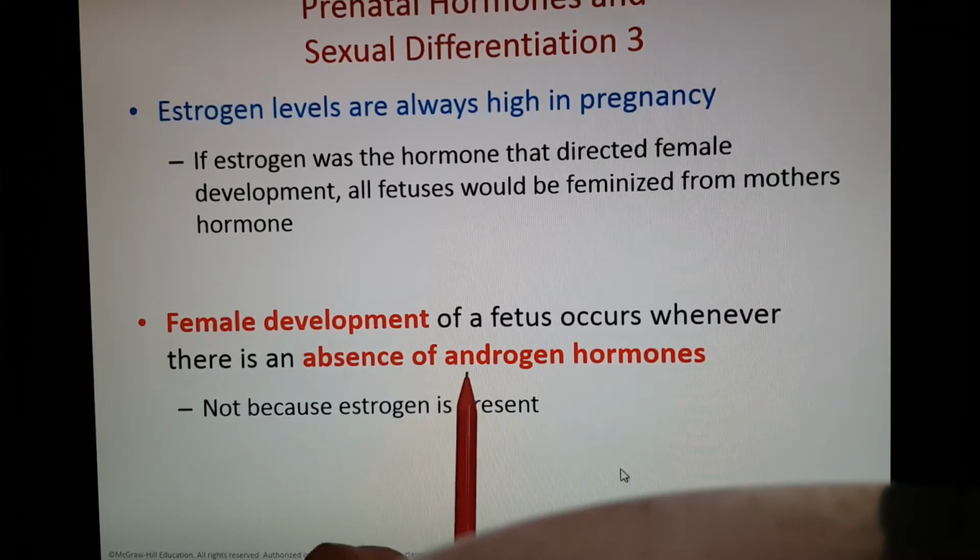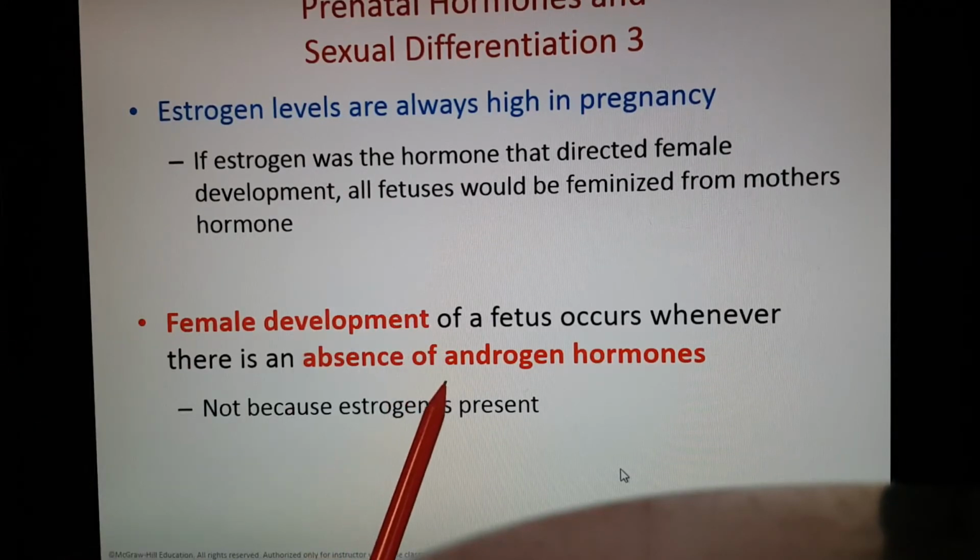It's the absence of the androgen hormone, so no testosterone, which means also no Mullerian inhibiting factor. Therefore, the paramesonephric ducts become the reproductive system, and the fetus will develop into a female. Of course, there are also issues with development in some people, but in general, absence of the androgen hormones, the person develops as female.